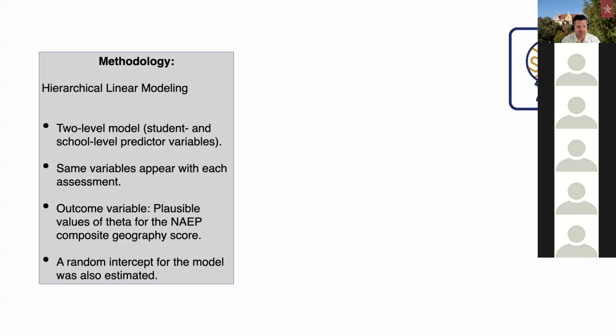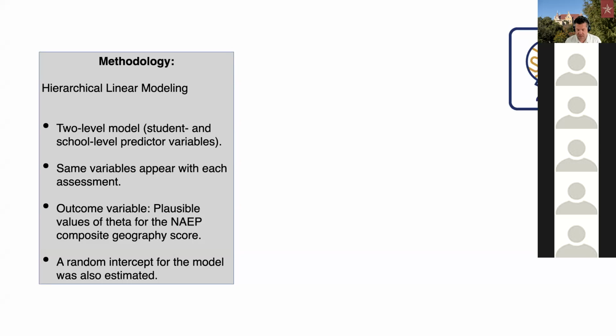And so like Rich and his colleagues, we use the methodology of hierarchical linear modeling. What we did here is create a two-level model using student and school level characteristics as independent predictor variables. We wanted to choose variables that appeared across all of the 5 existing geography assessments. And we set the outcome variable to the plausible values of theta for the NAEP composite geography score.